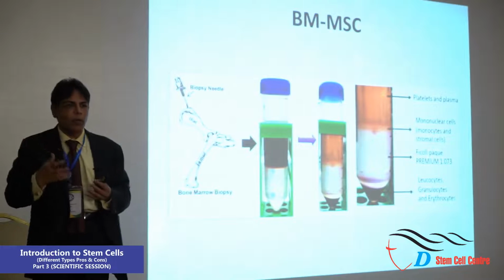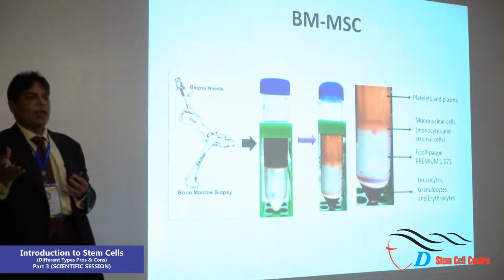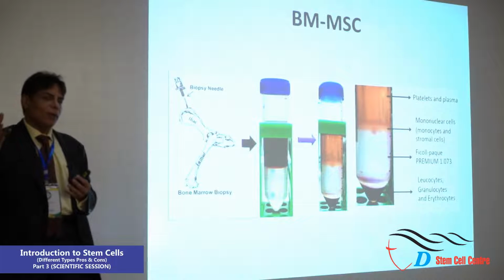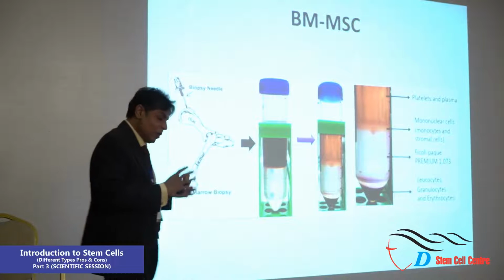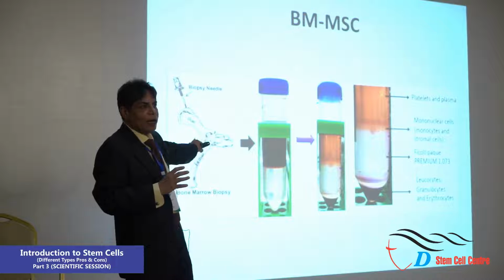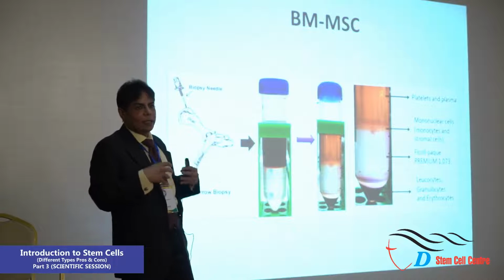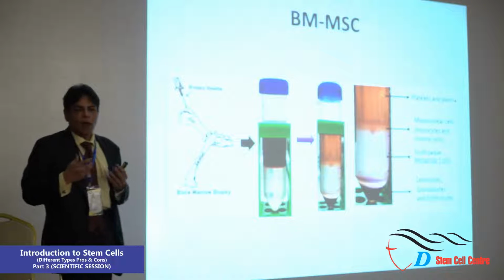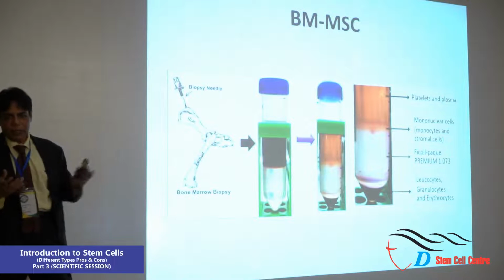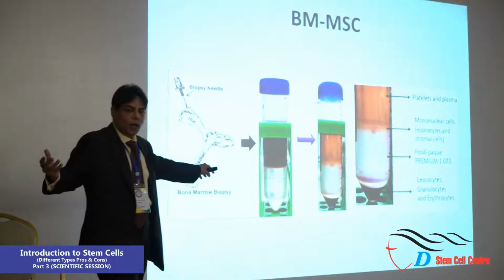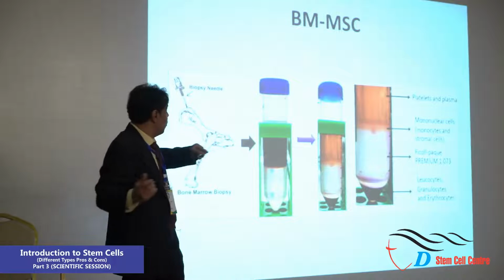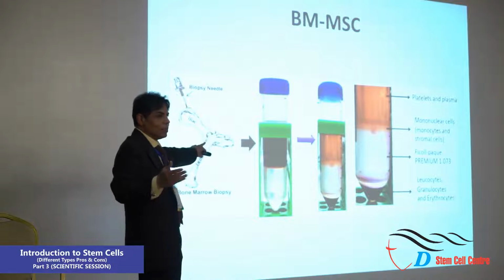These cells can also be used for therapeutic purposes. Actually, पहले adipose tissue पे जाने से पहले this was primarily the source of stem cells. लेकिन it turned out that adipose tissue has far greater stem cells than bone marrow, so people slowly switched to SVF rather than bone marrow stem cells.